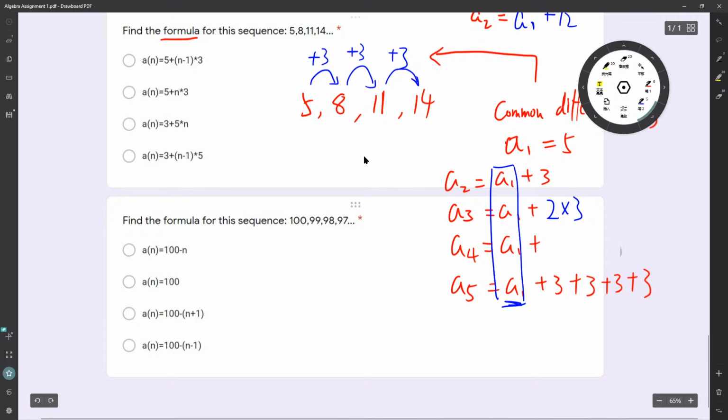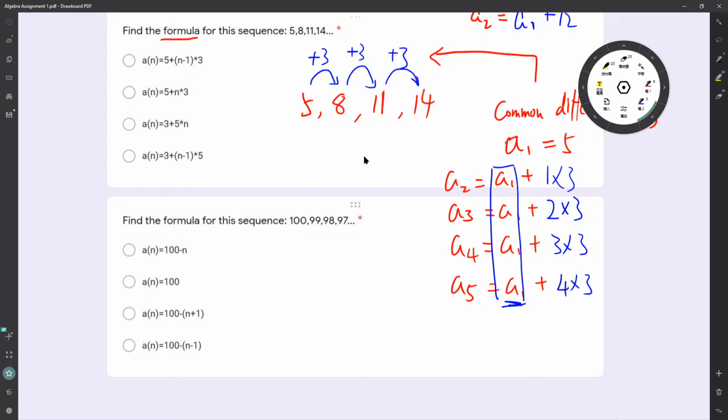And adding 3 four times is 4 times 3. And this one, I rewrite as 1 times 3. Here you can see the connection.